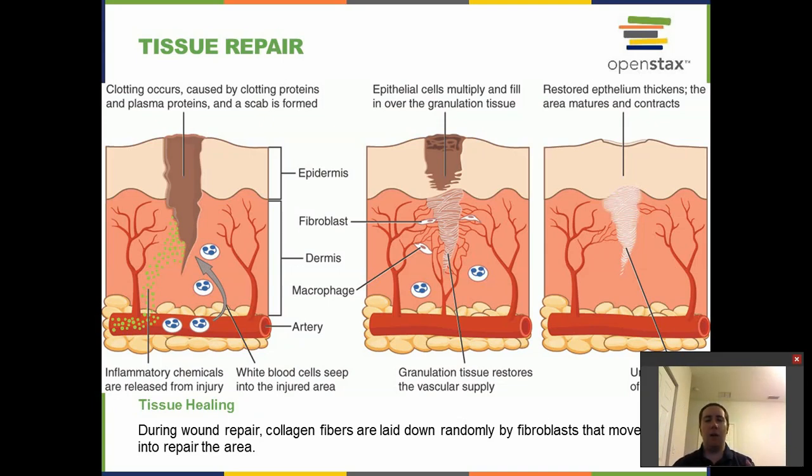And as they grow, they digest the clot, they digest the scab, and fill in the hole with skin cells. Eventually, the whole thing is filled, and the scab will fall off.